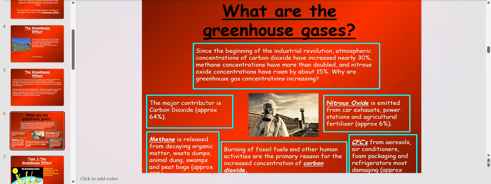The major contributor is carbon dioxide, which is approximately 64%, and nitrous oxide, which is about 6%, and it comes basically from car exhausts, power stations, and agriculture fertilizers.